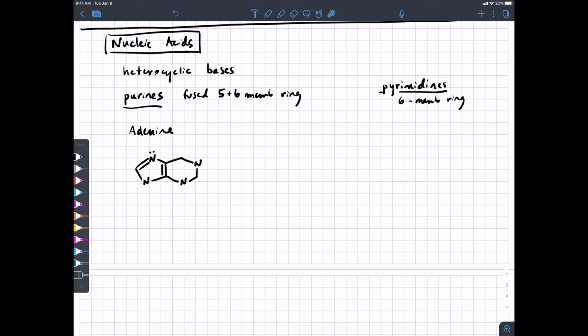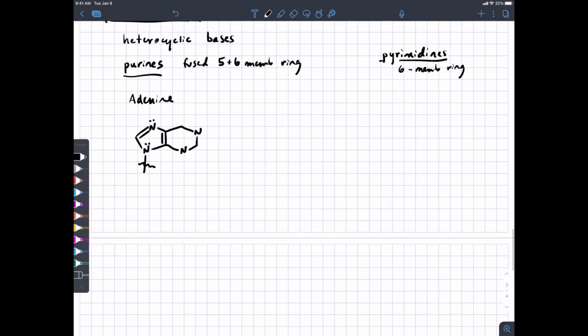It's in an sp2 orbital. This nitrogen, if adenine were just on its own, would be bonded to a hydrogen, and this lone pair is part of the pi system. However, in DNA and RNA, this nitrogen is going to be bonded to the anomeric carbon of ribose. So I'll just draw a line with a squiggly line crossing it to indicate that there's ribose down here.